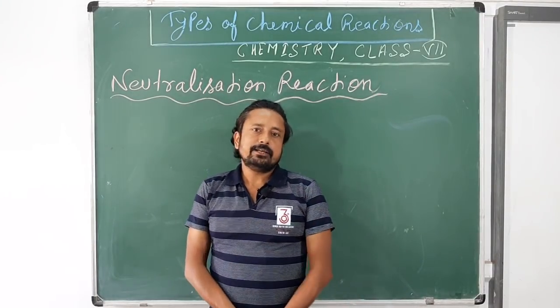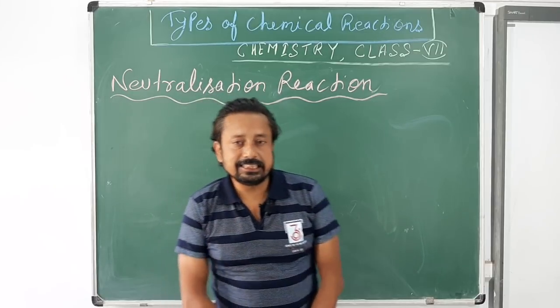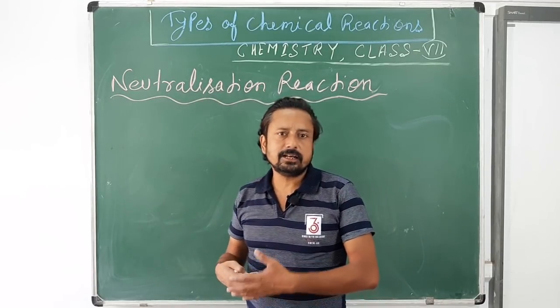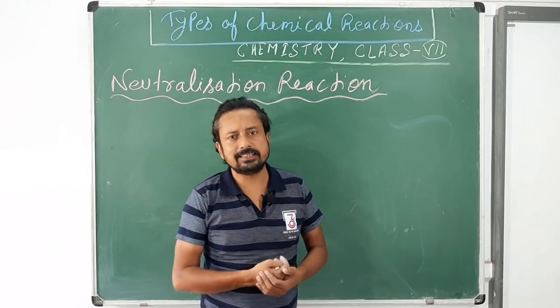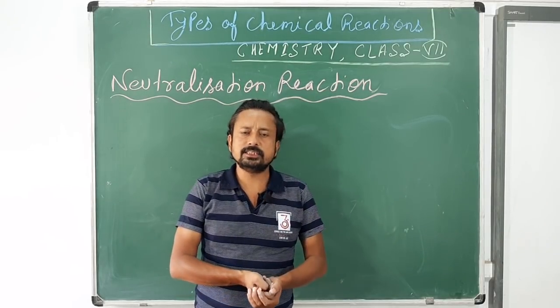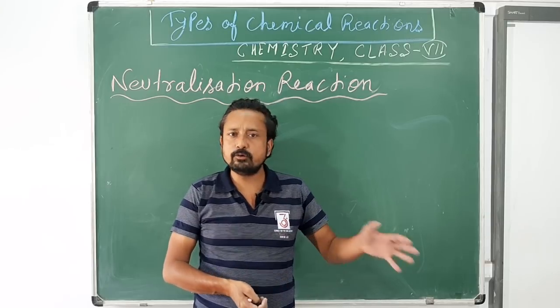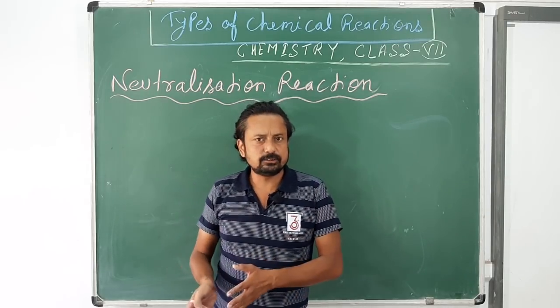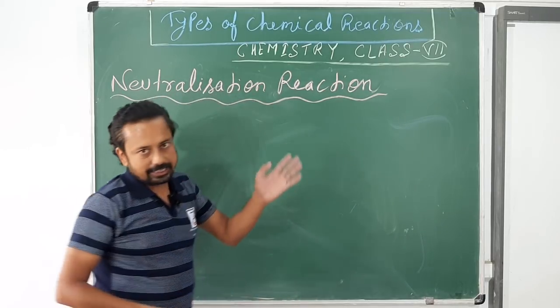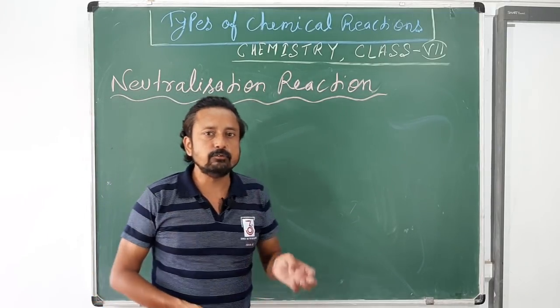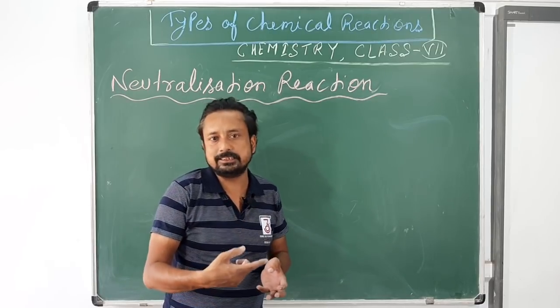Neutralization reactions are those chemical reactions in which one acid and one base mix together and form a neutral salt. In this reaction, the acid loses its acidic behavior and the base loses its basic behavior and form a neutral salt and water. So these reactions are termed neutralization reactions. So in a neutralization reaction, basically one acid is used and one base is used.